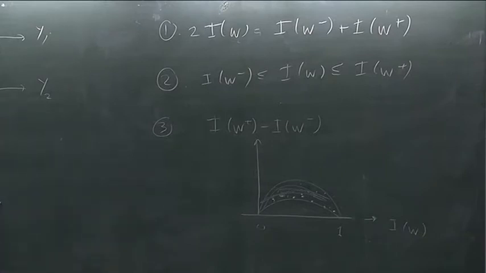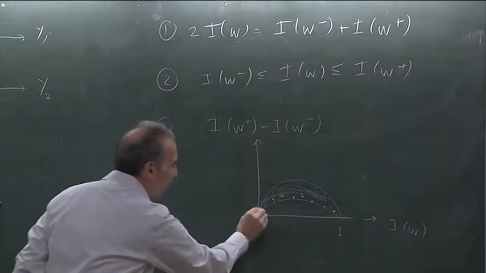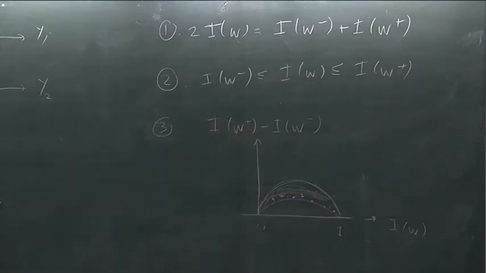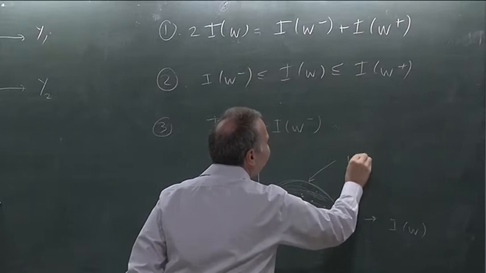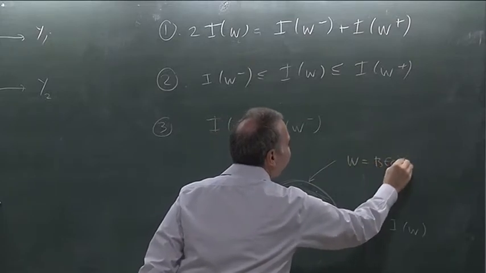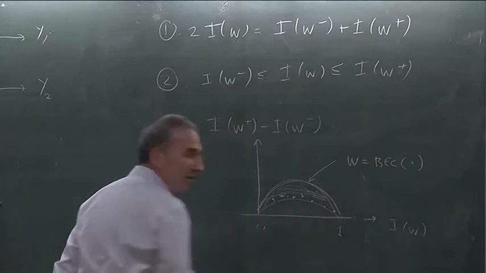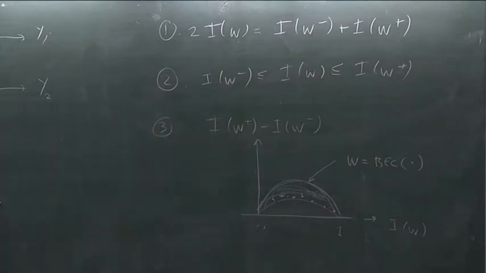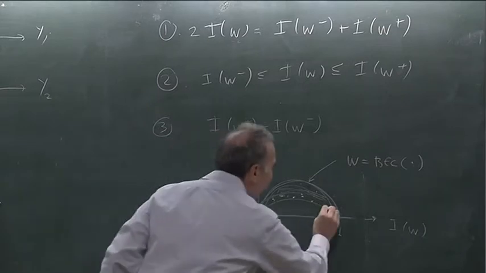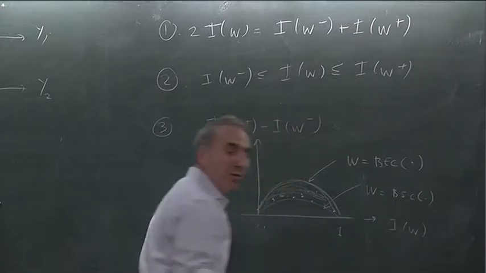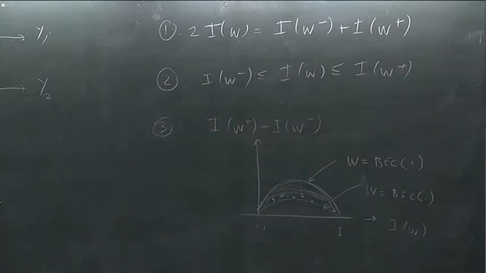What you also notice is that the upper part of this curve is traced with the family of BECs. If you go over all the binary erasure channels, you will find the values appearing on the top part of this crescent-shaped region, and the lower curve is being traced with the BSCs. So the BSCs will trace out the lower part of this one.